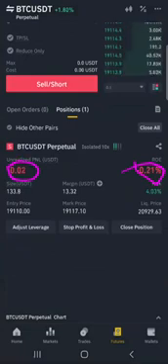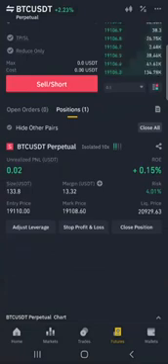So right now we are losing 0.02, right? And this is our liquidation point. As soon as you get to 20,929 you will get liquidated, right? And this is the market price, and this is our current entry price.